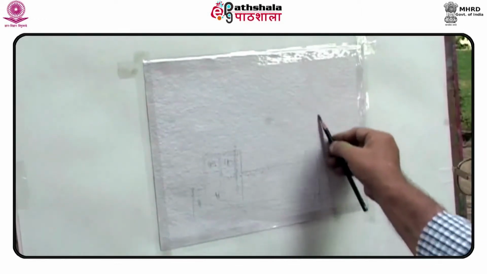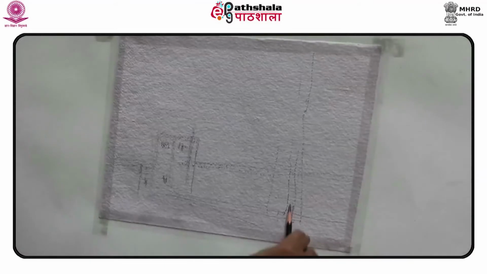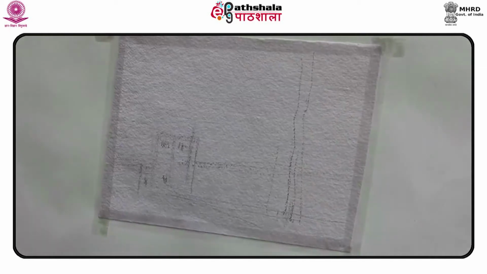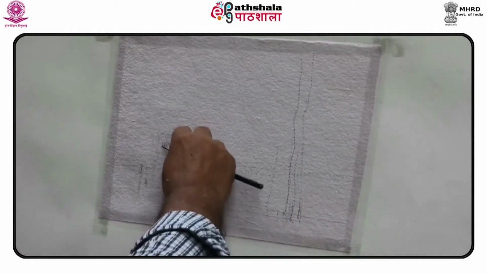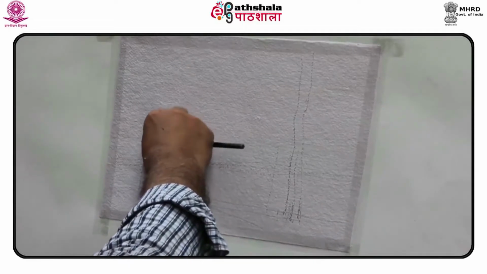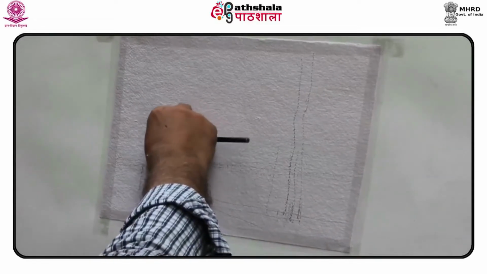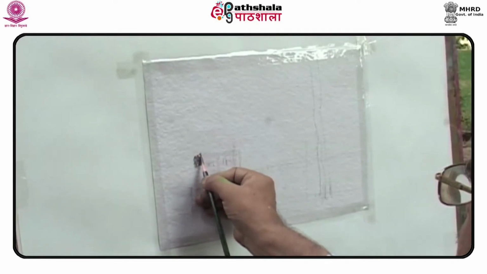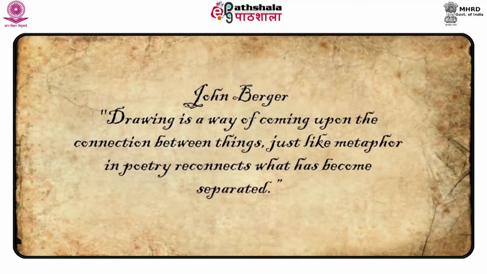On the right side of the tallest lines are the trees. John Berger has rightly said that drawing is a way of coming upon the connection between things, just like metaphor in poetry reconnects what has become separated.